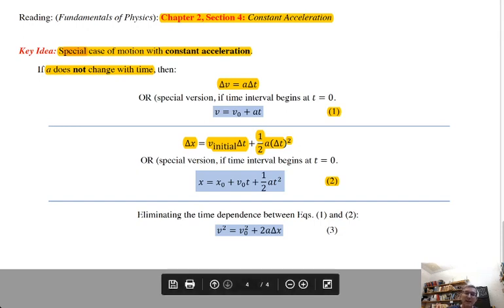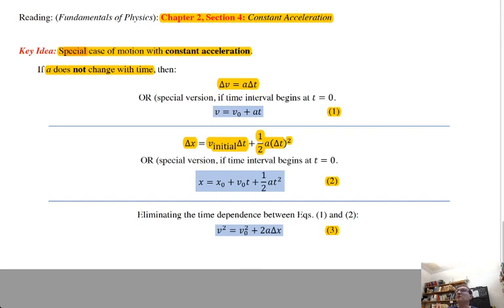And here it is highlighted at the bottom of the screen. It says v final squared equals v initial squared plus 2 times a times the change in the position. No t.